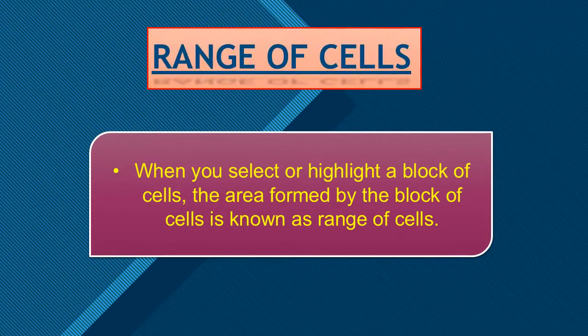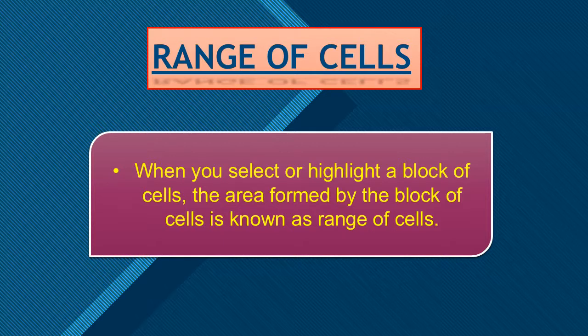Next topic is range of cells. Range of cells is whenever you select or highlight a block of cells, the area that is formed by that particular block of cells is called as range of cells. The shape of this range of cells is generally a square or a rectangle.